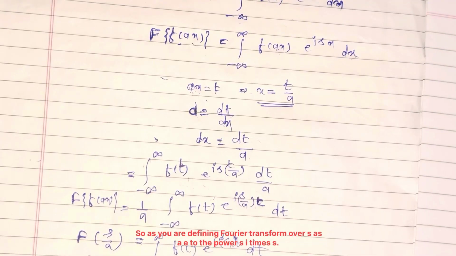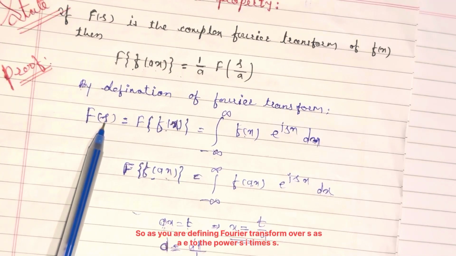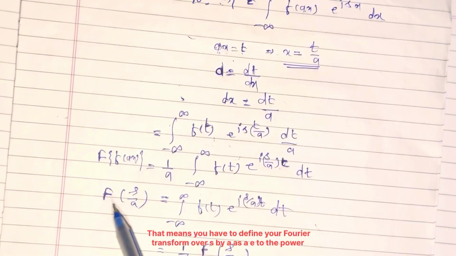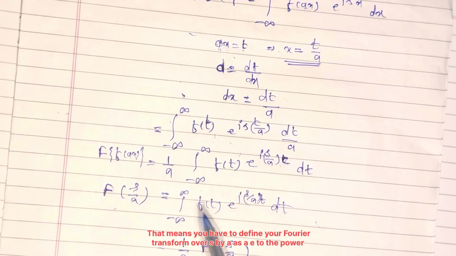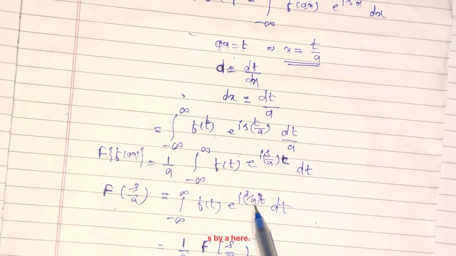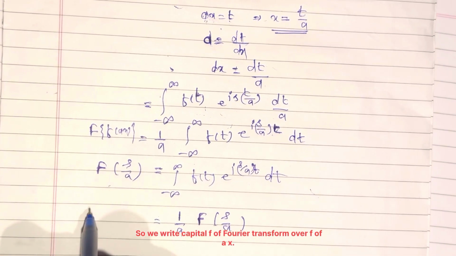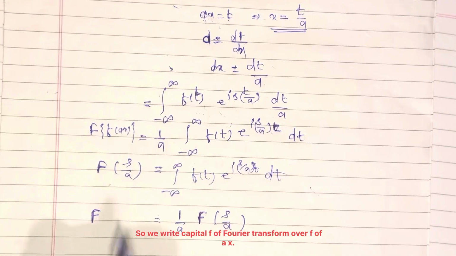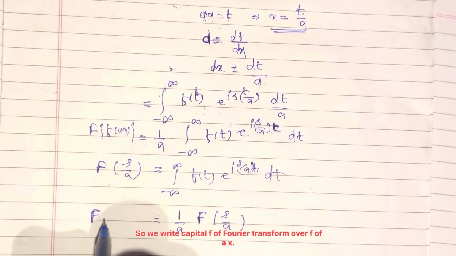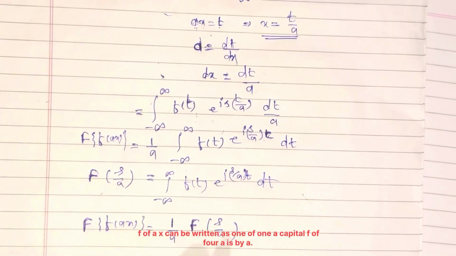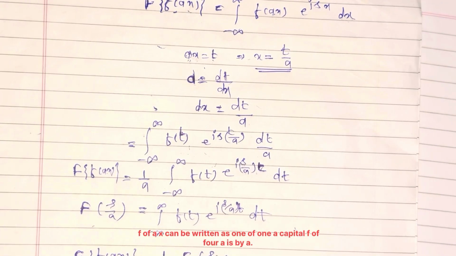As you define the Fourier transform over s as e to the power i times s, you have to define your Fourier transform over s by a as e to the power i times s by a here. Instead of dx, you can take dt also, or any other variable. It doesn't matter. So we write the Fourier transform of f of ax as 1 upon a capital F of s by a.